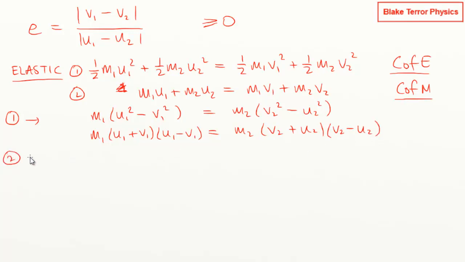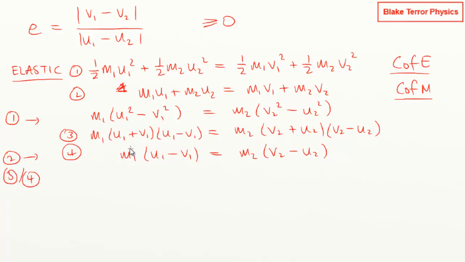Now let's rearrange the second equation, and again grouping our terms. We've got m1 (u1 minus v1) is equal to m2 (v2 minus u2). If we call these ones 3 and 4, if we divide 3 by 4, everything that's in 4 is in 3, so that's just going to divide out.